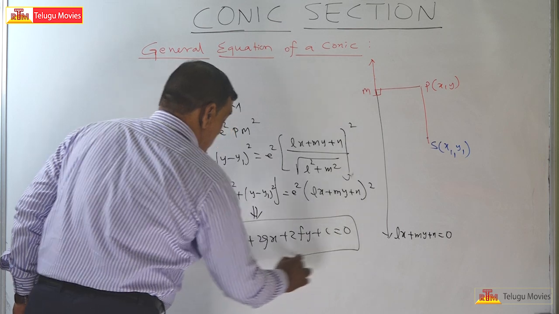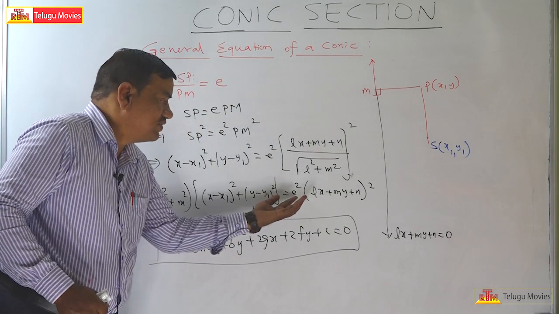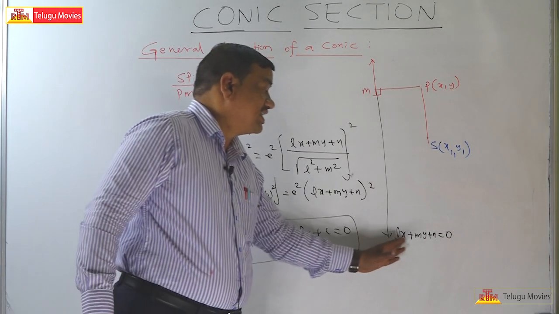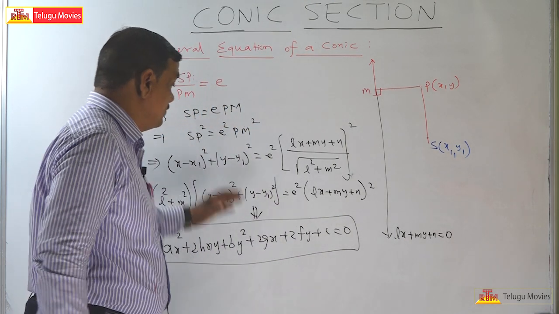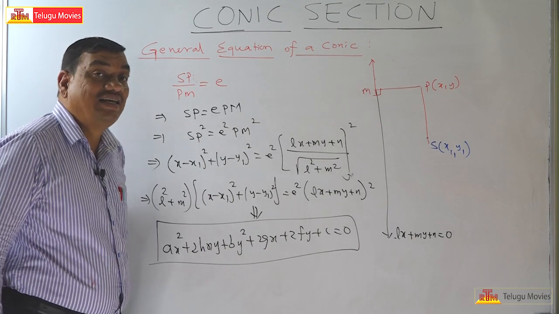So this is the equation. That means if you substitute the x1, y1 values, which are fixed, and the lx plus my plus n values, and simplify, you will get a general second degree equation.